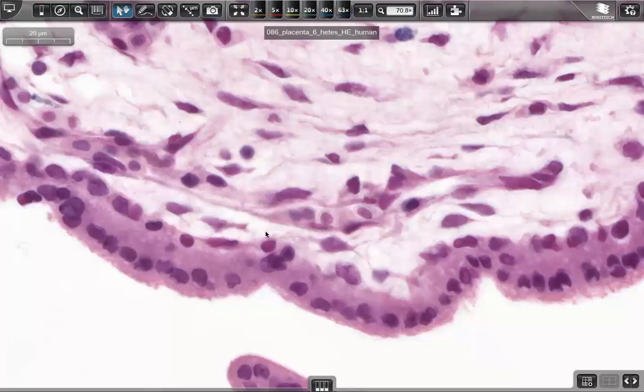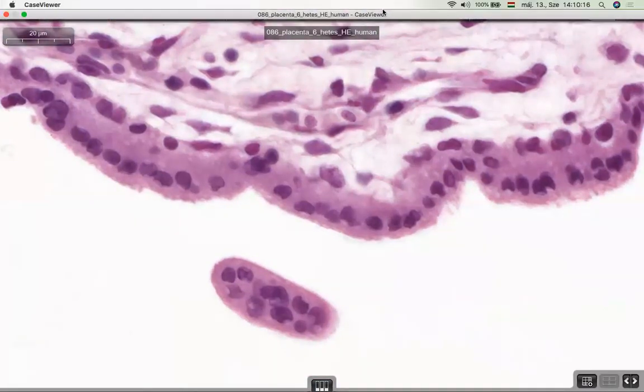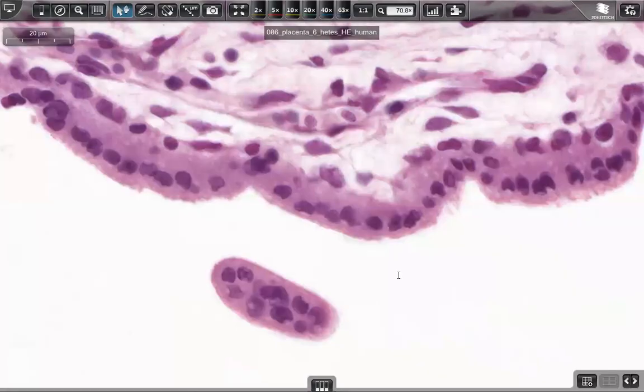And this is the lamina basalis of the endothelial cells, and here are the nucleated red blood cells. That's the place called the intervillous space, the intervillous space for the maternal blood. So the maternal blood fills the intervillous space up.